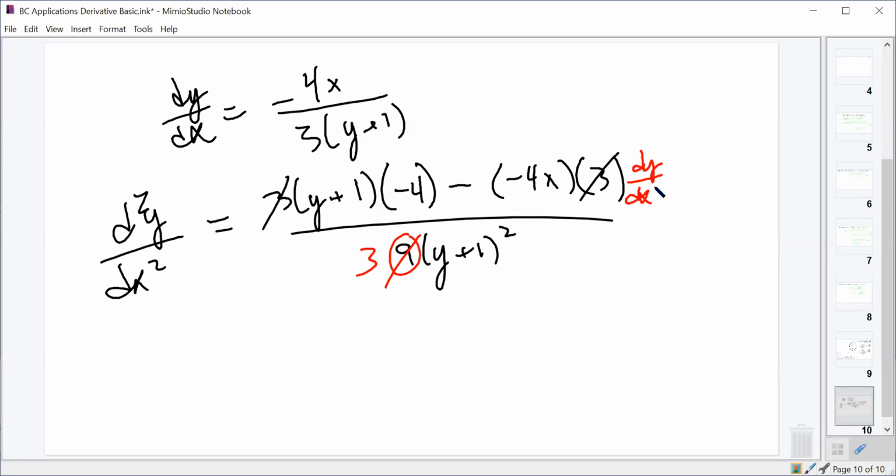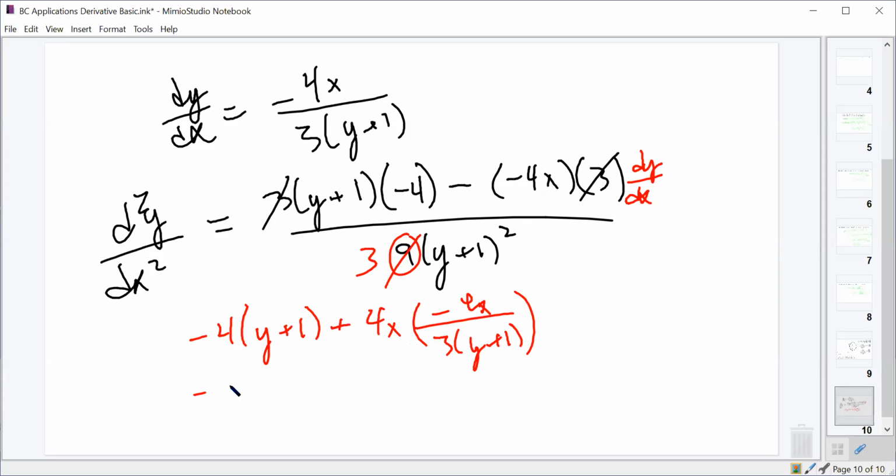All right, so we can cancel out the 3's first of all, and then our dy/dx will plug back in. So we've got negative 4 times (y plus 1), and then minus a negative 4x becomes just plus 4x times our negative 4x over 3 times (y plus 1), all over 3 times (y plus 1) squared. And that answer is good enough.